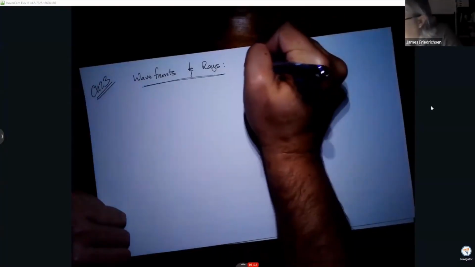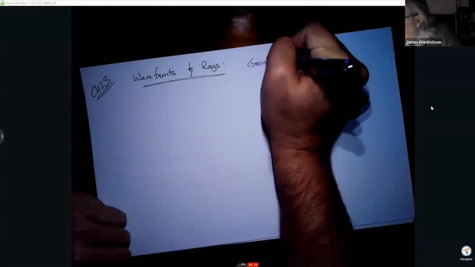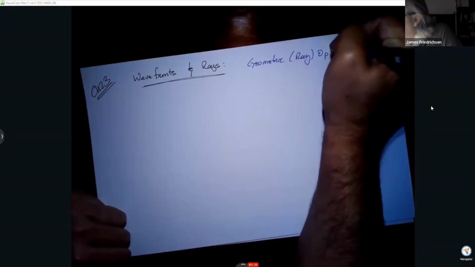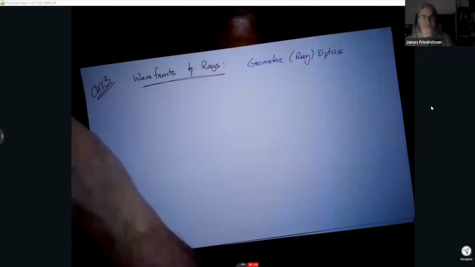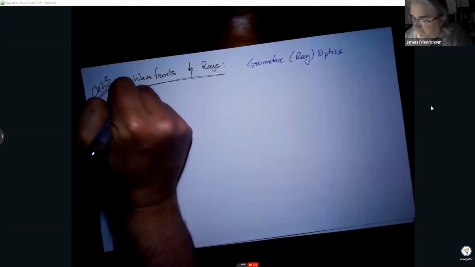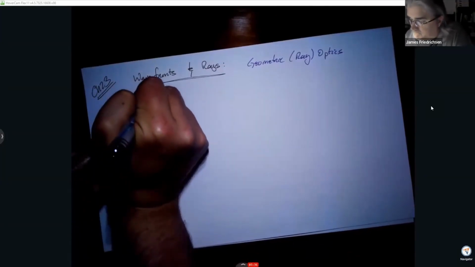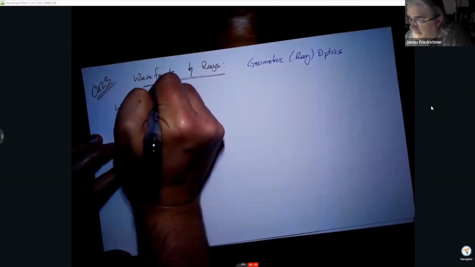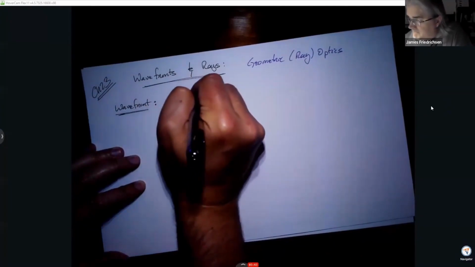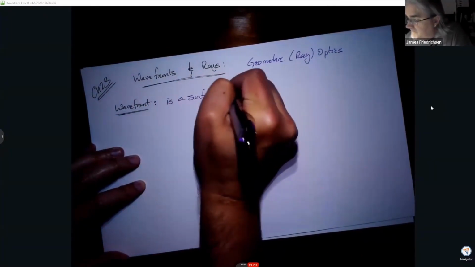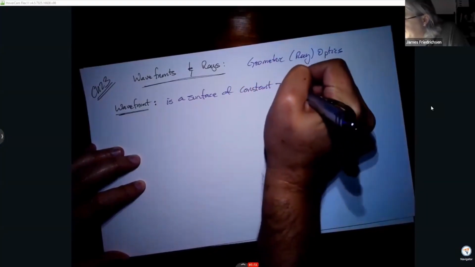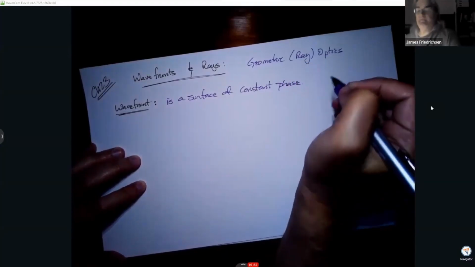And so this is the beginning of geometric or ray optics. And so when we talk about a wave front, then what we get is that a wave front is a surface of constant phase.